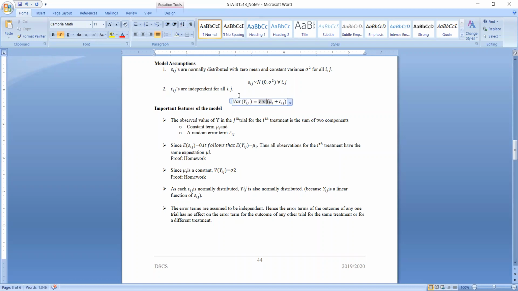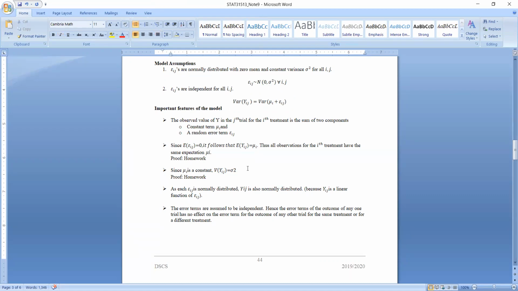When you take the variance of Yij, since they are independent, you can rewrite this as the variance of mu i plus the variance of the error term. Mu i is a constant, so its variance will become 0. Then you have the variance of the error term, which is sigma squared. So the variance of Yij is equal to sigma squared. That is again a constant.